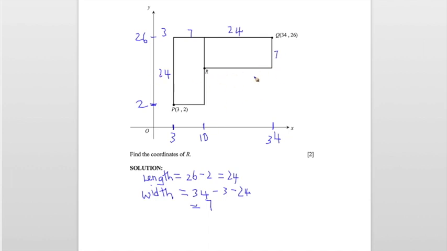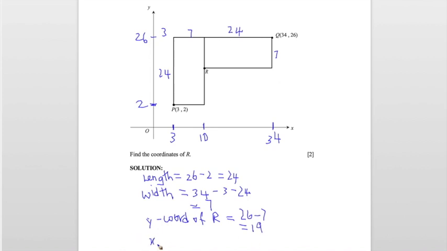So now 26 minus 7 will give you the coordinates here. The y coordinate of R is 26 minus 7. That is 19.